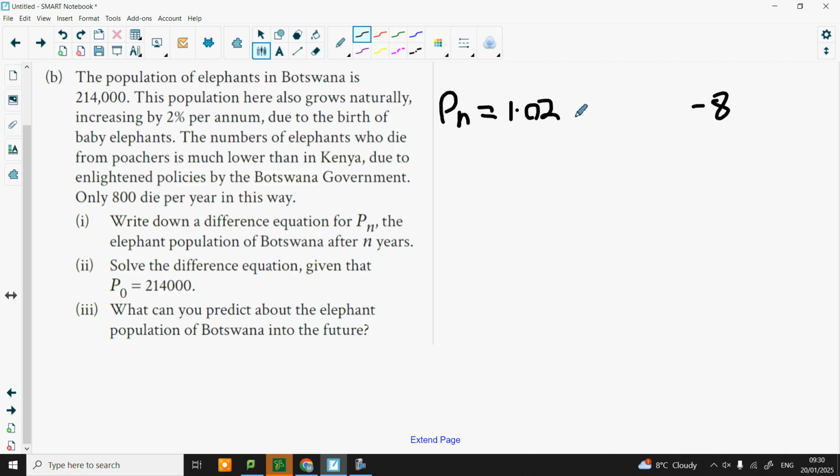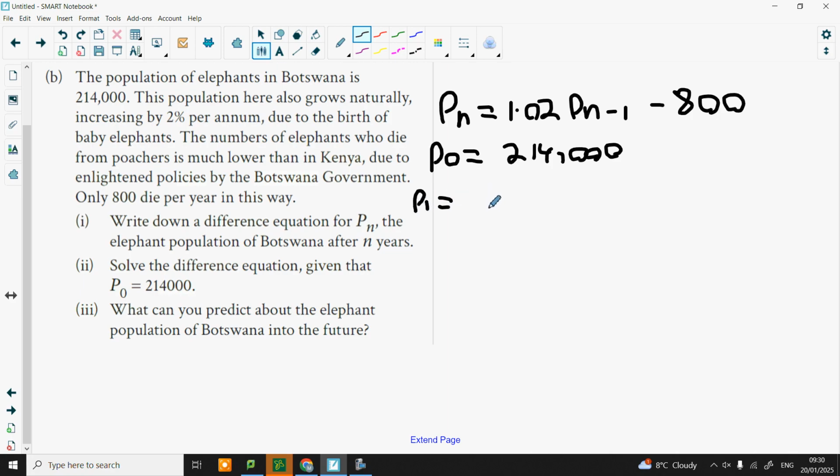Oh, and that's the old population, so we want P of n minus 1. Increase your old population by 2% and take away 800. Okay. Now, P0 is 214,000.